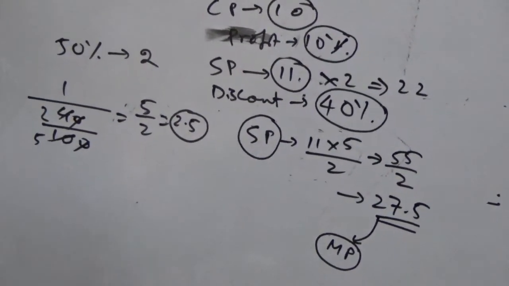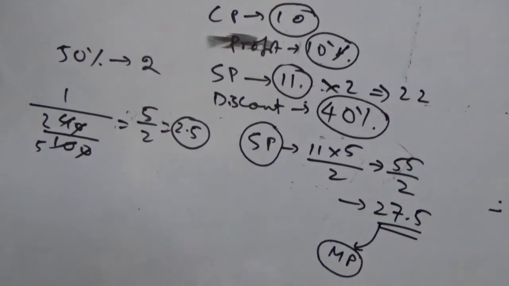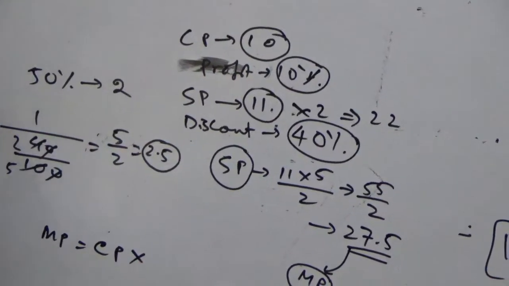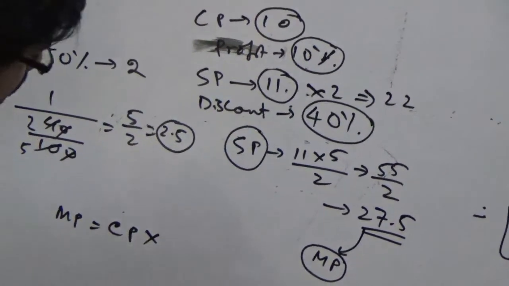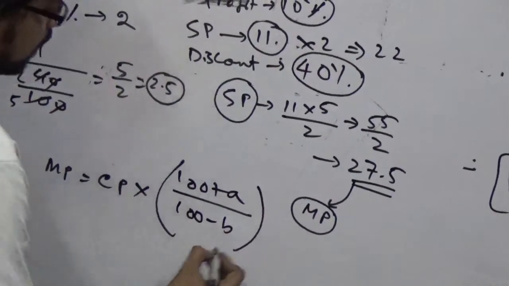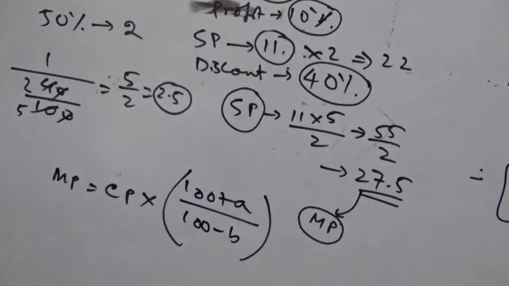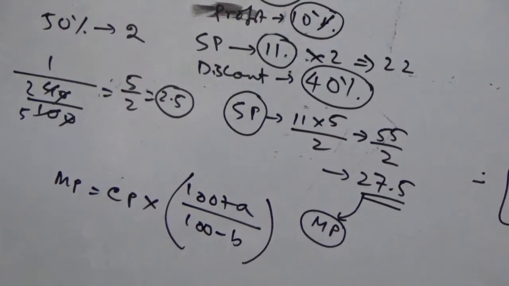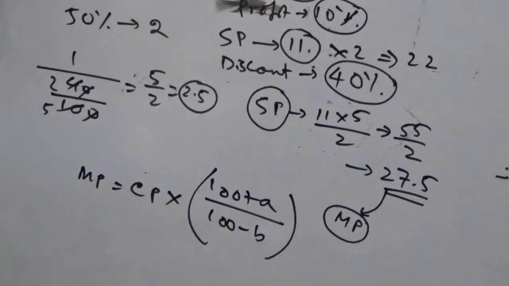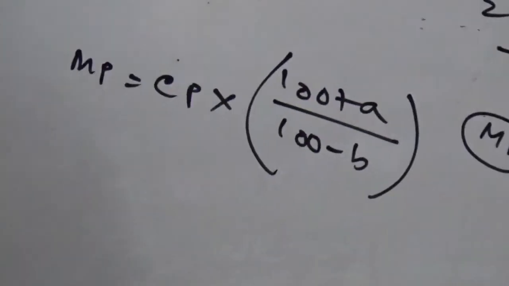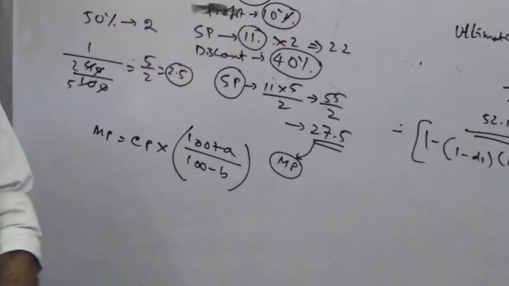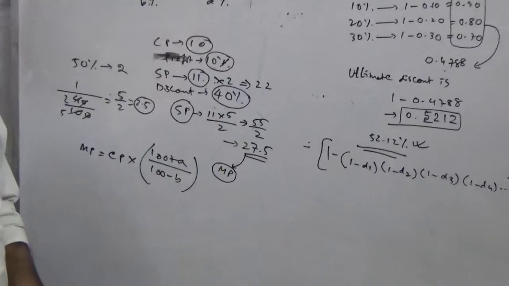This is the basic sum, and as a shortcut, remember that mark price equals cost price into 100 plus A divided by 100 minus B. This is one of the basic structures and patterns for solving any such problem.